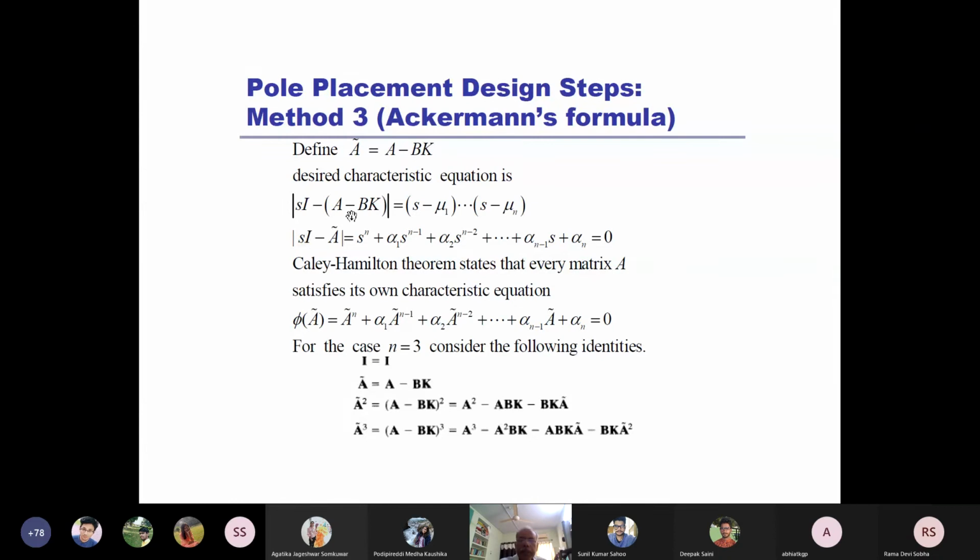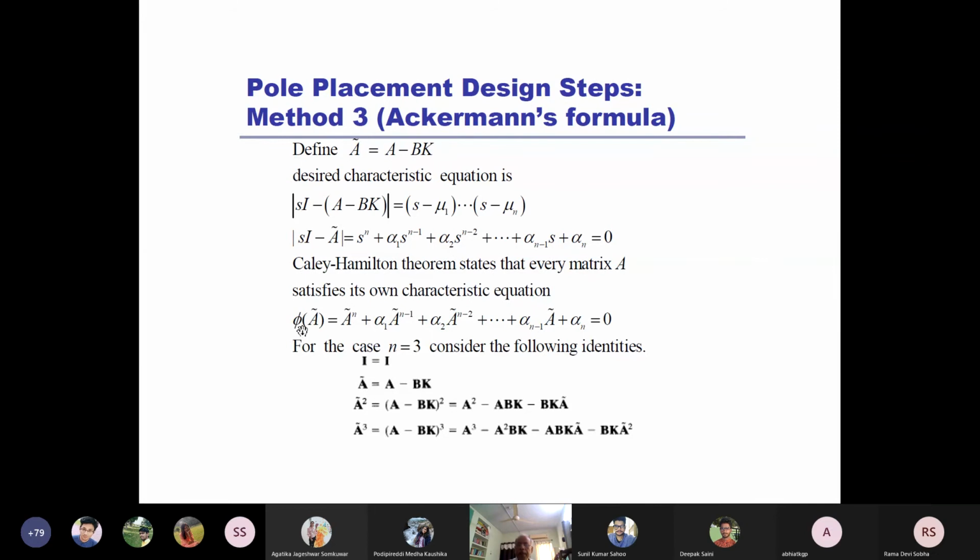So this is basically the basic pole placement controller design equation. Now, to find out K, we either equate these two terms, or we use the Bass-Gura method, or we can use Ackermann's formula, considering that the Cayley-Hamilton theorem states that every matrix A satisfies its own characteristic equation.